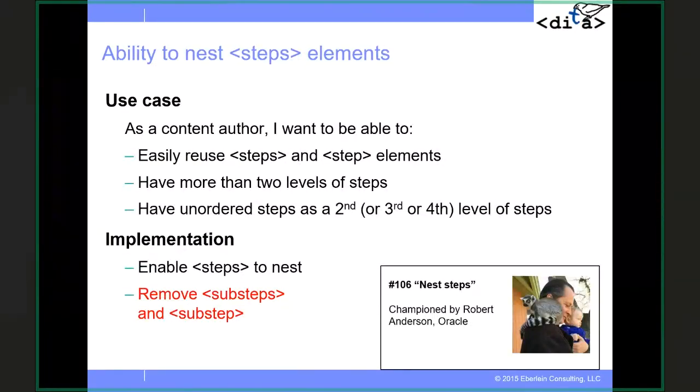I'll confess, I initially had some reservations here. I was not thrilled by the idea of enabling infinite nesting of steps. But I think the ability to reuse steps more easily outweighs the cost.